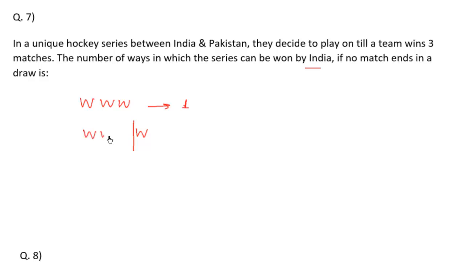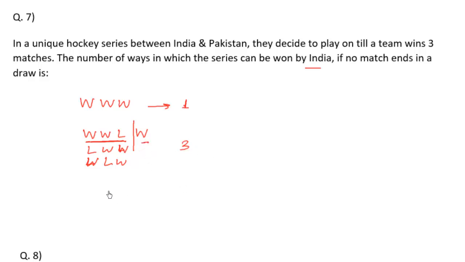So this can be done in this way, right? Here, these three letters, that is 2 wins and a loss, can be arranged in different ways. How many ways? 3 ways. We can see that this will be LWW, or this can also happen, WLW, or WWL, win loss win, and again the last will be a win. So there are 3 ways.